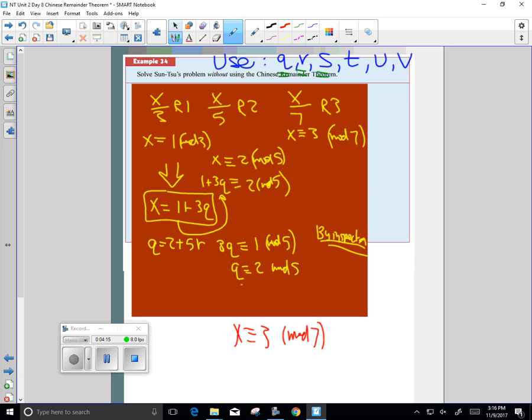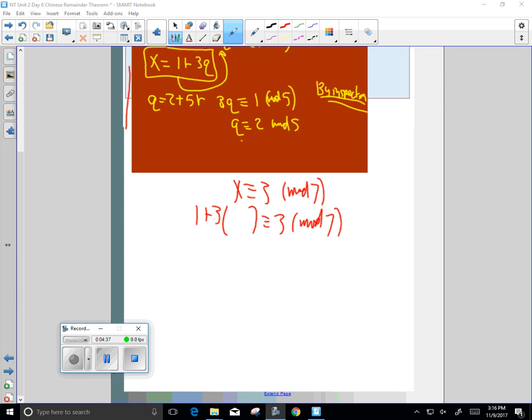So then what we can do is go back to what X was, 1 plus 3Q mod 7, and you probably can see what's going to happen here. Now we're going to put in for Q, 2 plus 5R.